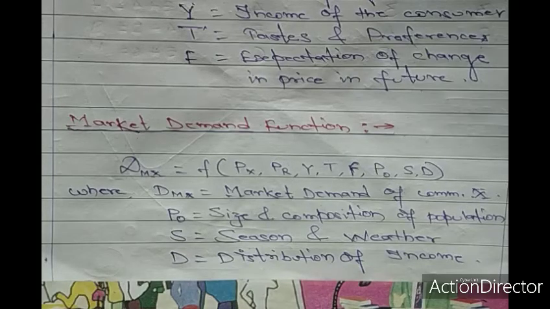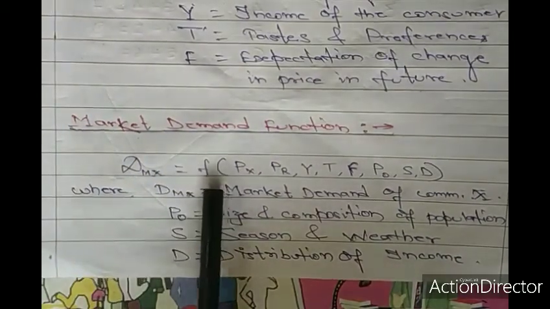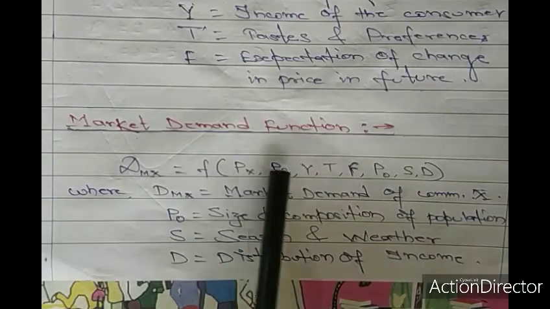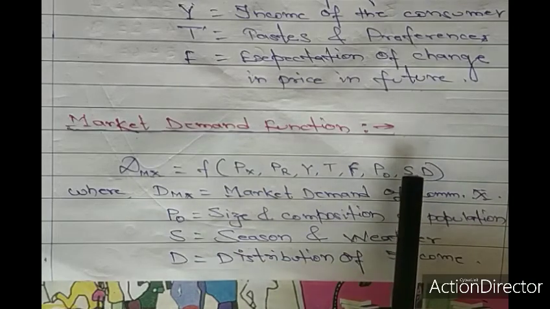So market demand can be expressed as, see on the screen, Dmx is equal to a function of Px, Pr, Y, T, F. These are the 5 factors, and Po, S, D, these are the 3 factors which affect only market demand.